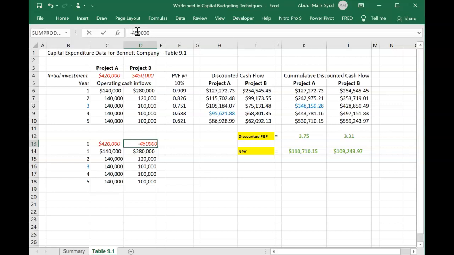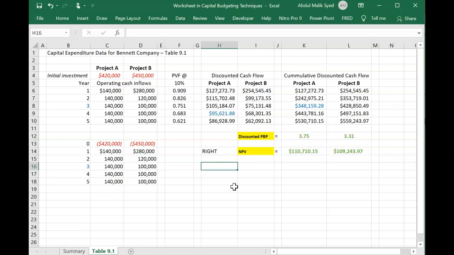Initial investments are shown by negative, so you can put a negative to this. And if you use the general formula, then you see the NPV will be wrong. Okay, I'll show you this is the right approach. This is the right way to do this.